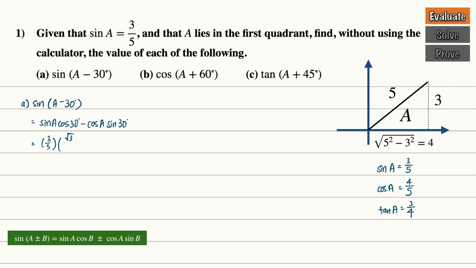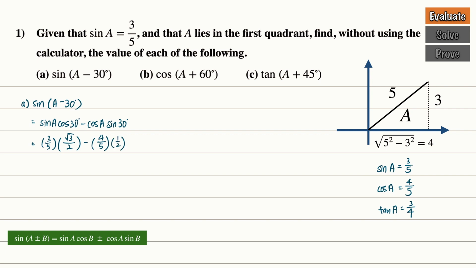Now I always encourage everyone to memorize the special angles, the Trigo special angles. Alright, cosine 30 gives us a value of square root 3 over 2 minus cosine A. You see that the steps that we did earlier was useful. We can take the value of cosine A, which is 4 over 5, and put it over here in the question. And sine 30, which is also a special angle, is equals to half.